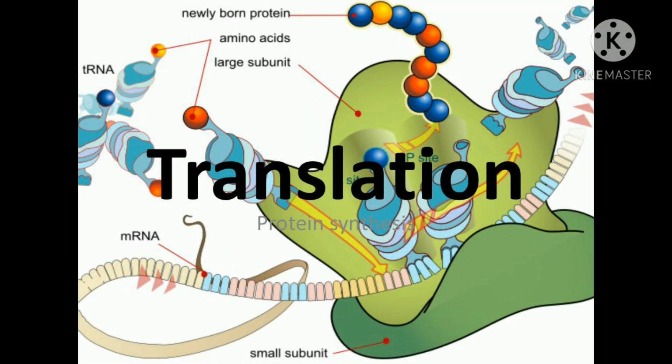Translation is the process that takes the information passed from DNA or messenger RNA and turns it into a series of amino acids bound together with peptide bonds. It is essentially a translation from one code, the nucleotide sequence, to another code, the amino acid sequence.